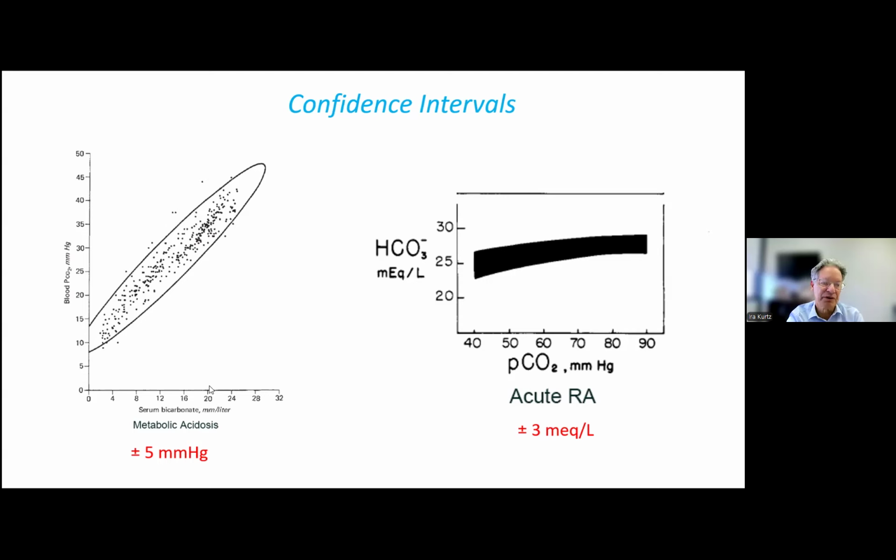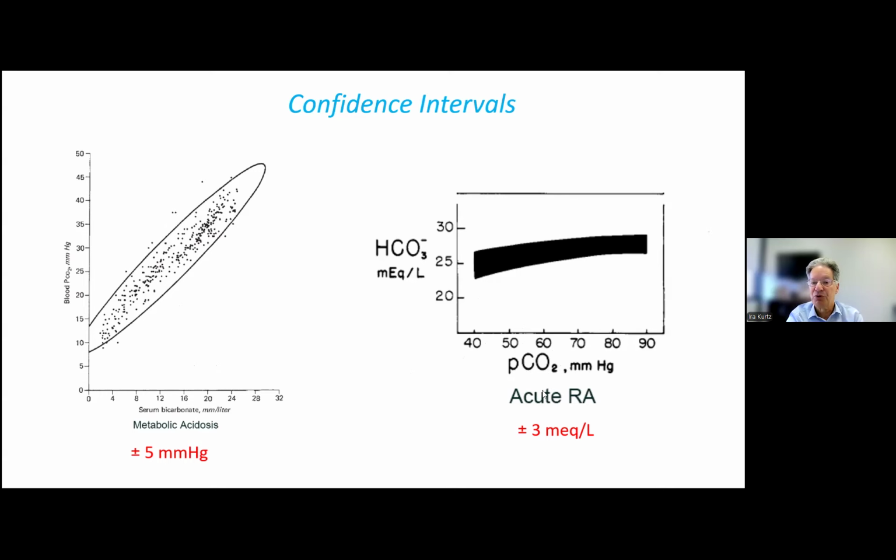But practically, in the real world, we accept maybe plus or minus 1 for the PCO2, or at the most plus or minus 2. And this is an example from another paper. This is Newton's paper, where they defined the acute respiratory acidosis curve in humans, where they had the PCO2 increase acutely and looked at the bicarbonate.